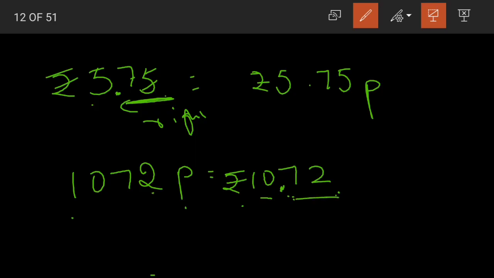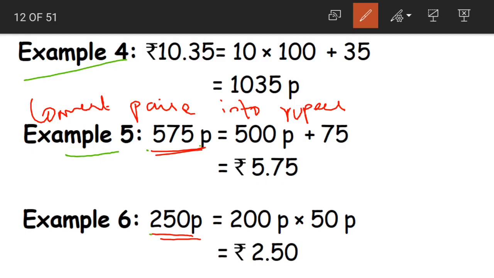Understood? A simple trick, right? What is it? After counting two digits from the right, place a point. That will give us our paise in rupees. Now coming to the other one, 250 paise. Yes, again if you apply the shortcut here, after two digits from the right, if you place a point, it will become 2 rupees 50 paise.